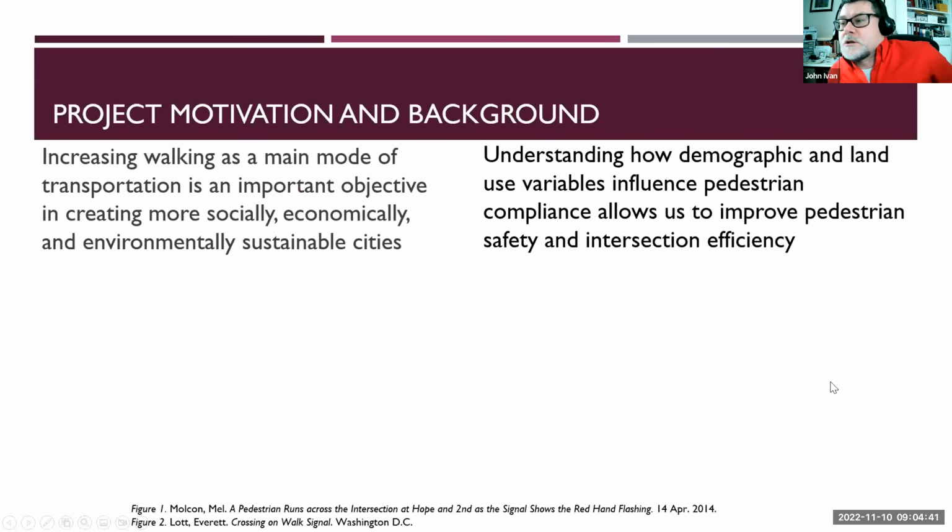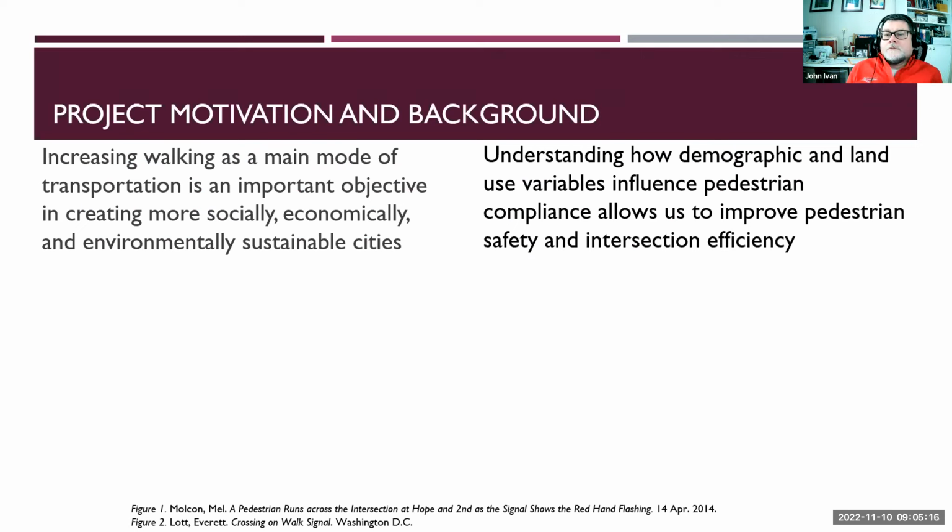So the motivation of the project is that we want to increase walking as a main mode of transportation. That's something that we want to do for improving livability and also, of course, for concern for reducing emissions. But one of the issues there is that pedestrians' use of intersections impacts the operation of the intersection, and also safety as well.